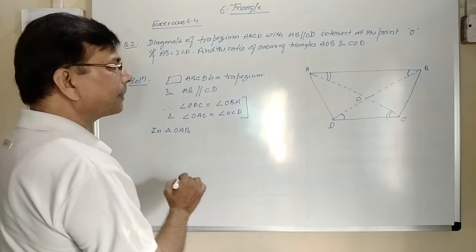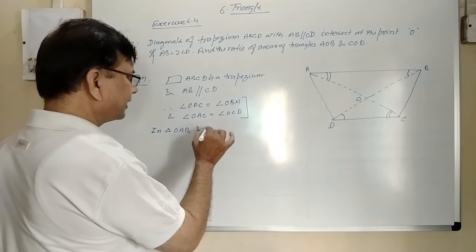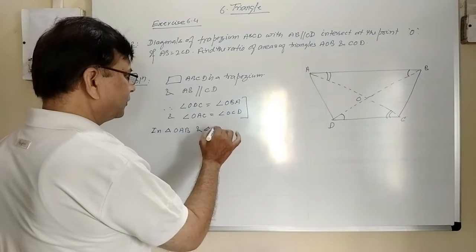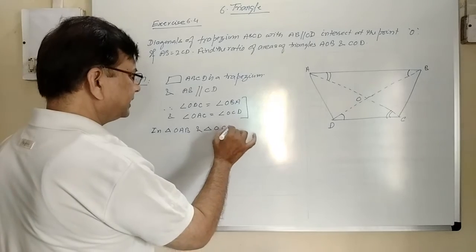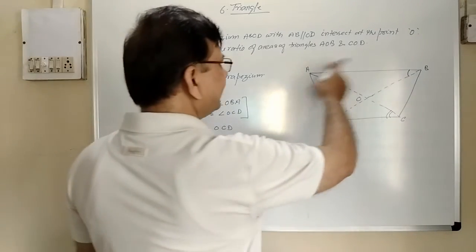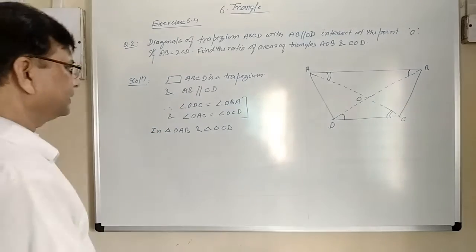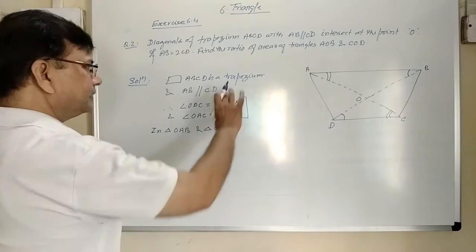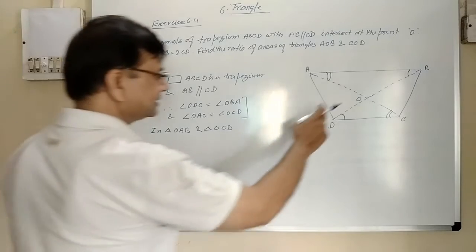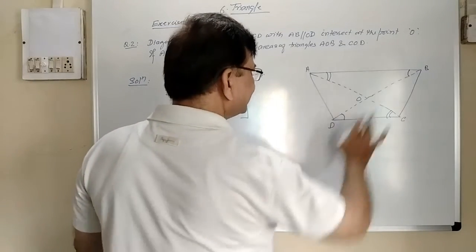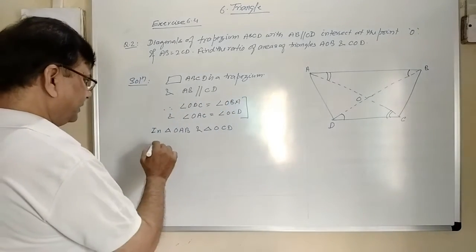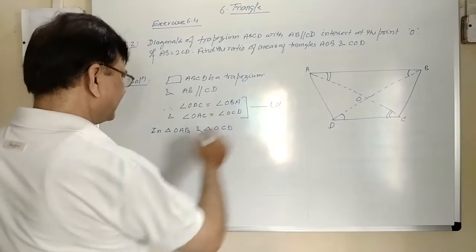now in triangle OAB and triangle OCD, these two triangles we will consider. So these two corresponding angles are equal. Suppose this is 1.